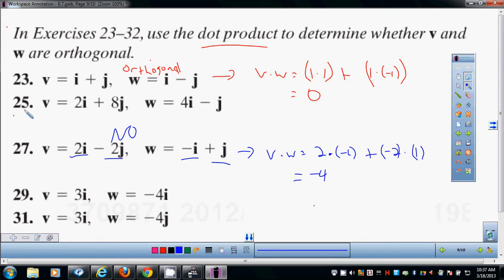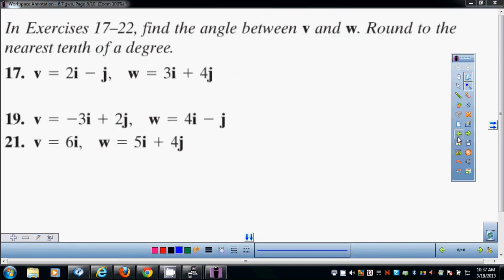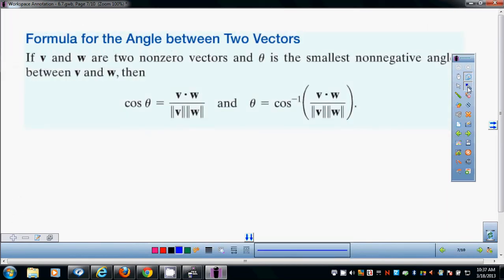Are there any questions in principle about what this slide is asking you to do? Okay. Well, then the last thing we have to do is it'll ask you, for some of them, just what's the angle between them. And here's the formula for that. I would just write down this portion. The formula for the angle between two vectors I have boxed in blue.